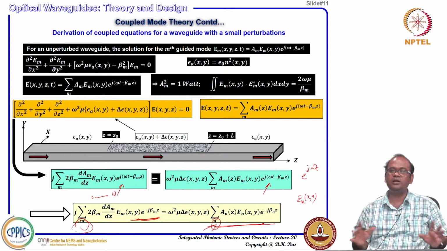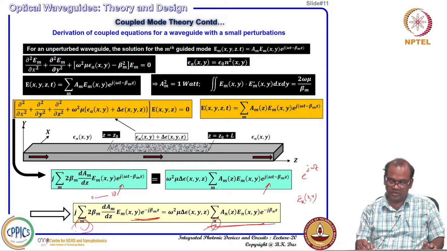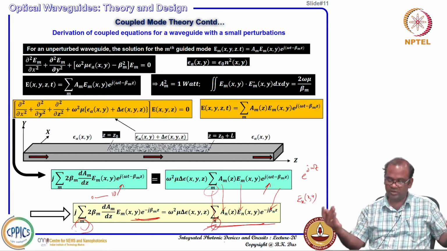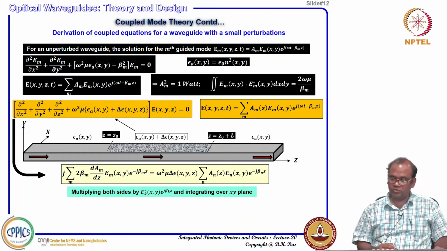Without any loss of generality, this is actually correct mathematically on both sides. Instead of writing m here, I just converted it to n. Similarly, a_m is converted into a_n, E_m is converted into E_n, and beta_m is converted into beta_n. So, that is a different mode, a different type of solution I can think of. Good. So far so good.